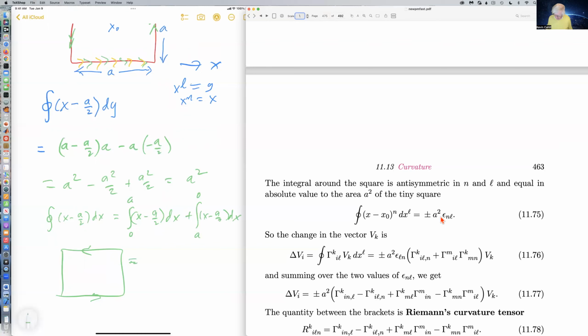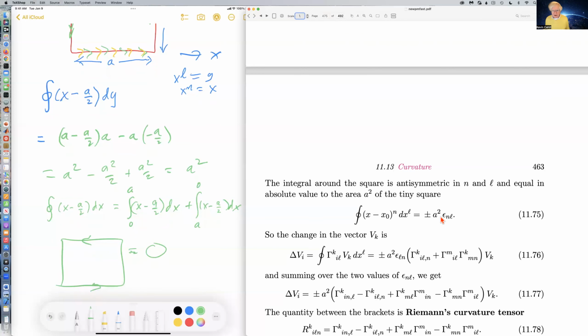Well, I think we're done because that's obviously 0. Let me first make this a little bit neater. The integral from 0 to a of something plus the integral from a to 0 of something is equal to 0. So we just get 0. So that's why this thing is 0 when n equals l.